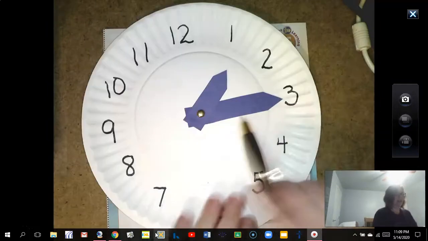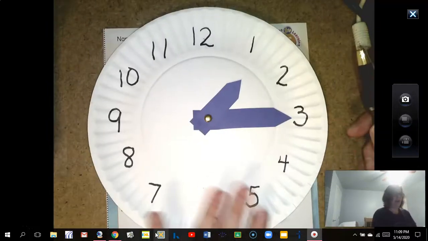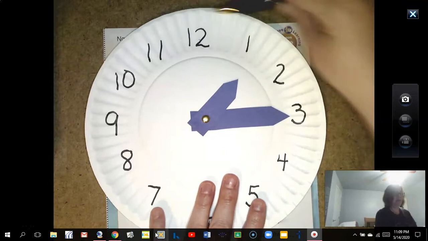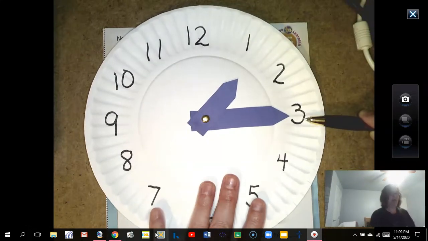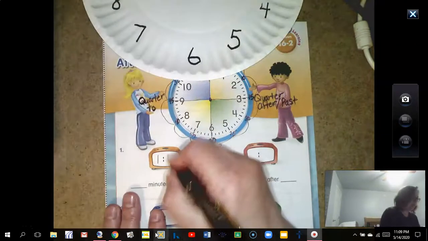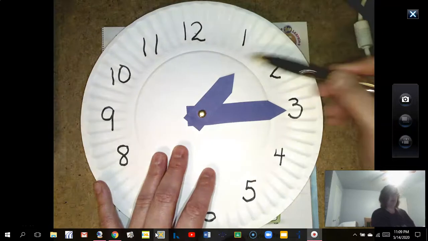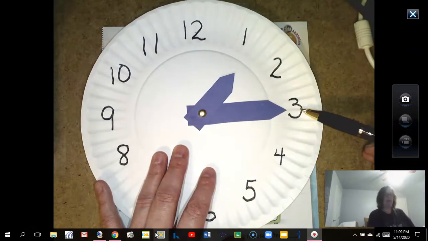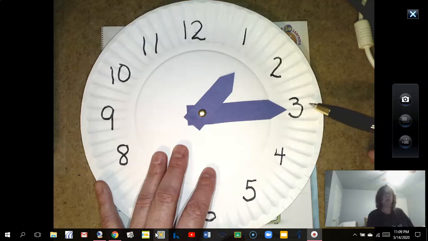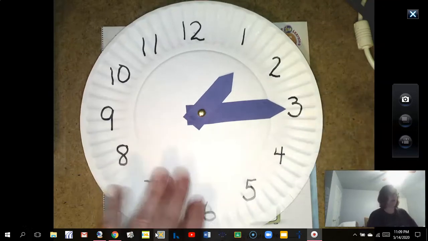Now let's look at the minute hand, and let's count how many minutes we have. So start at the 12, 5, 10, 15. So it would be 1:15, okay? But you know that when it's 1:15, whenever the minutes are on this 3, what else do we call it? That's right, 1/4 after 1.